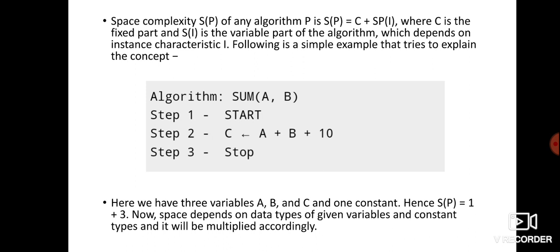Algorithm: sum of a, b. Step 1: start. Step 2: c = a + b + 10. Step 3: stop. Here we have three variables a, b and c, and one constant. Hence S(P) = 1 + 3. Now space depends on the data type of the given variables and constant types, and it will be multiplied accordingly.